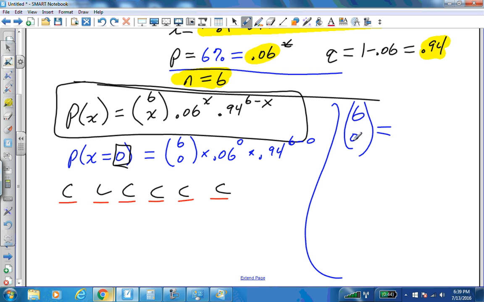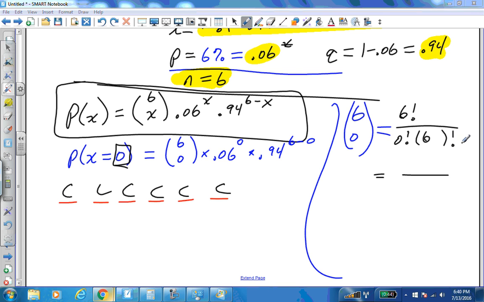Let's make sure that this permutation gives us exactly one way of that happening. So 6 factorial, or is that a combination? Anyway, 6 factorial over 0 factorial times their difference, 6 minus 0 factorial. 6 factorial, that's 6 times 5 times 4 times 3 times 2 times 1.